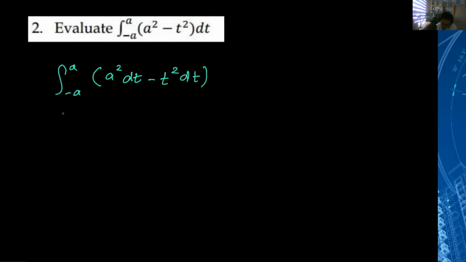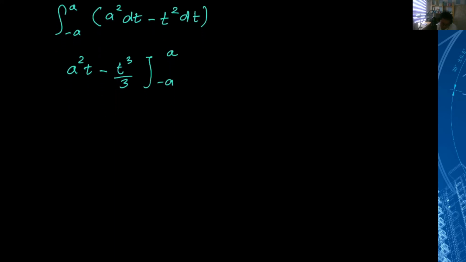Okay? So, I can individually integrate this one. This becomes what? a squared t minus t cubed over 3. Okay, with limits negative a to a.